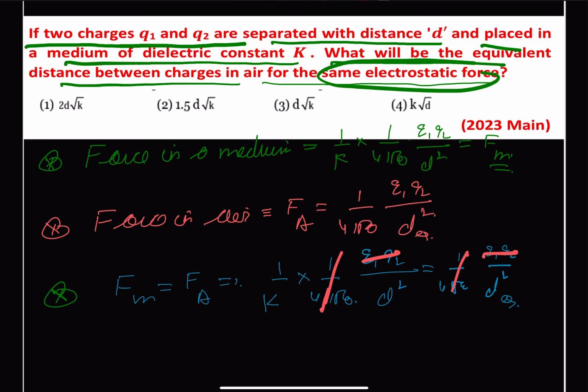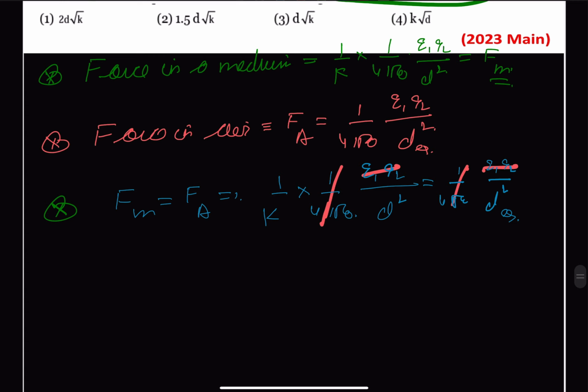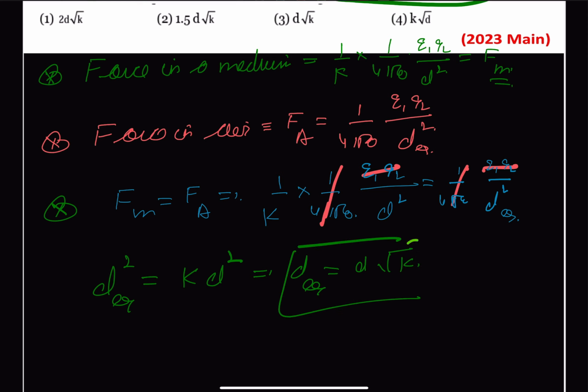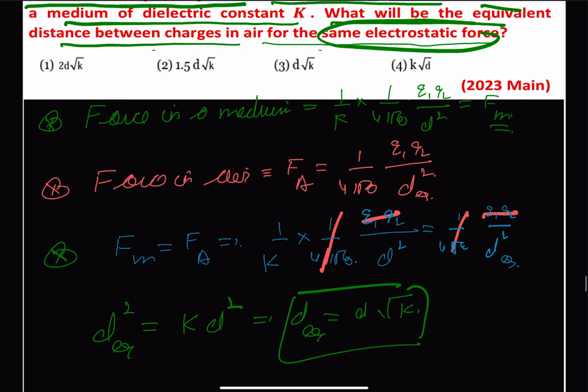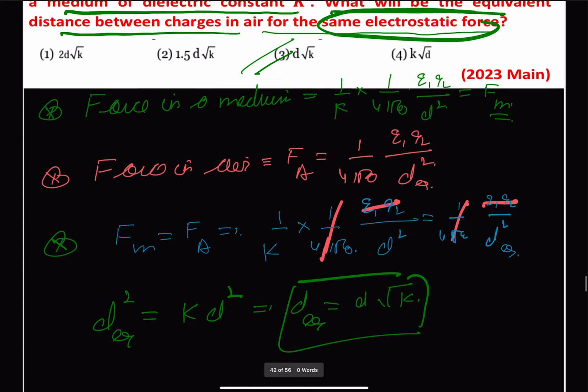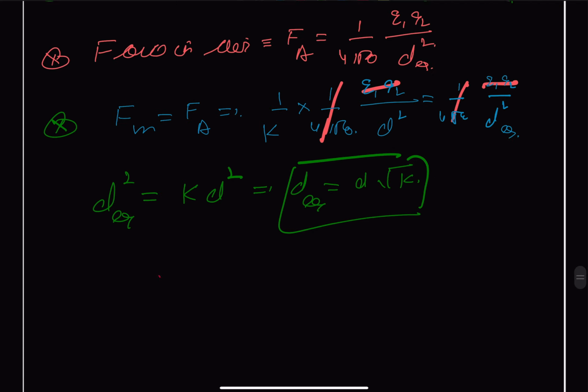Therefore we get d equivalent square equal to K times d square, which gives d equivalent equal to d square root of K. Option 3 is correct.